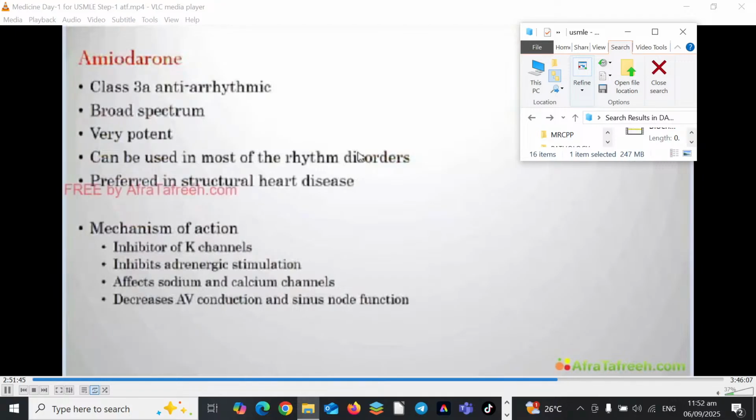A little bit about amiodarone. It is a class 3 antiarrhythmic drug, which is very broad spectrum and very potent. It is used in all ventricular tachycardias, especially with structural heart diseases. Make a note of this point.